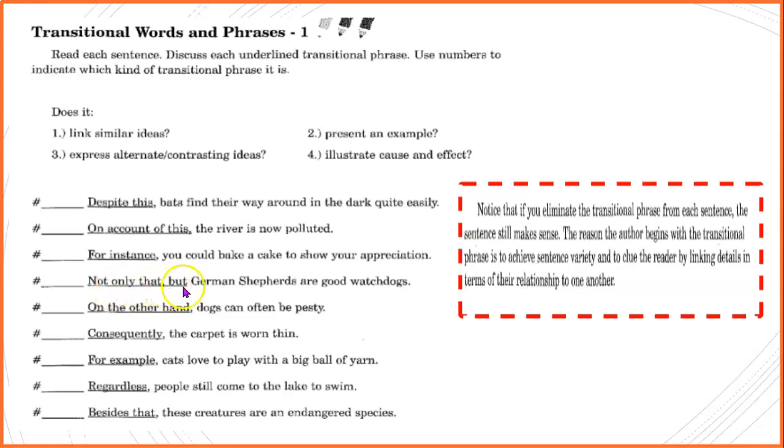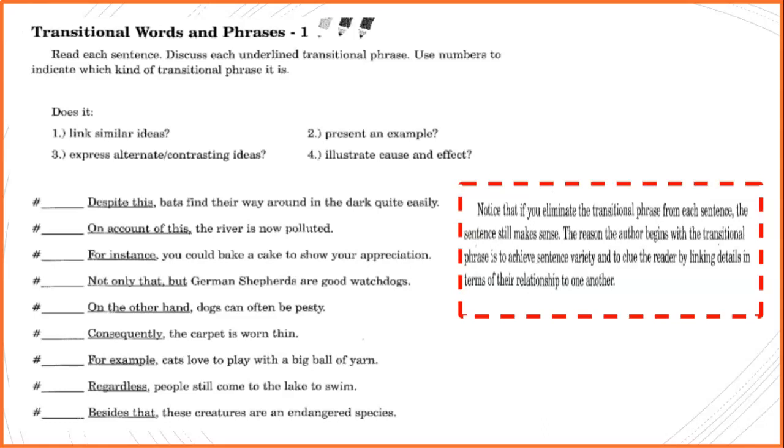Not only that, but German Shepherds are good watchdogs, so we're linking similar ideas, we're giving more information. On the other hand, dogs can often be pesty. On the other hand, we have this option, but on the other hand, we have this option. So dogs are adorable, but on the other hand, dogs can often be pesty. On the other hand is comparing and contrasting.